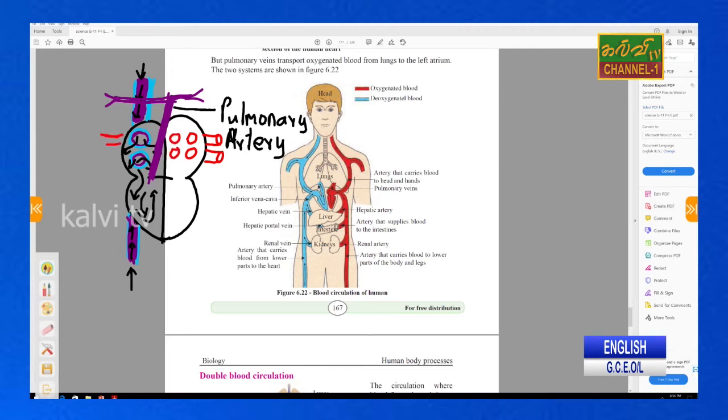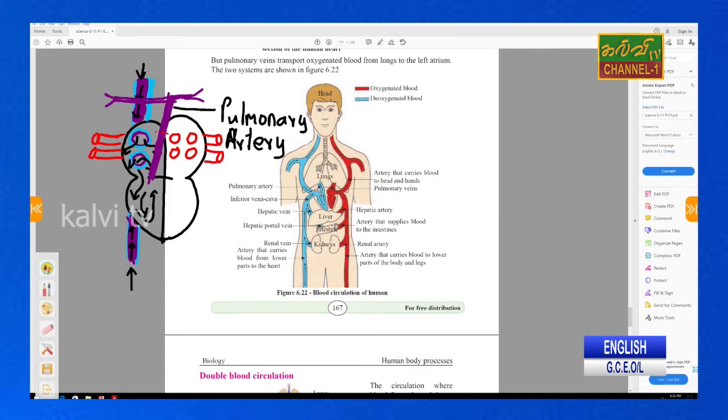We know that the right side pulmonary veins move to the backside of the heart and open to the left atrium.